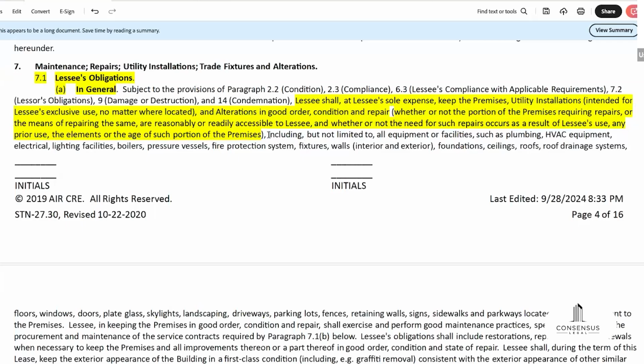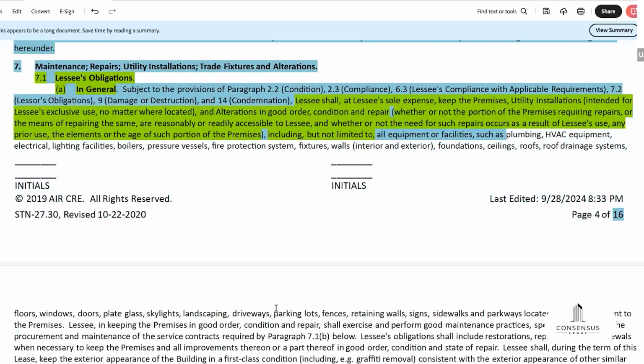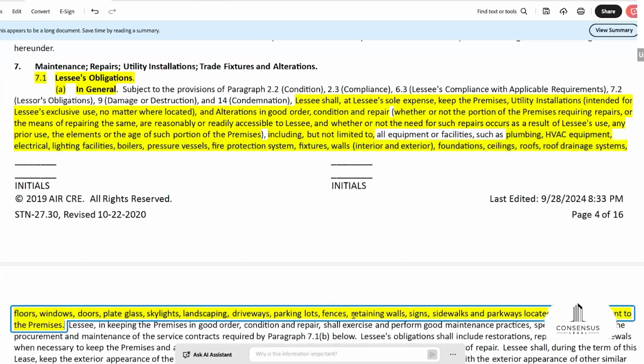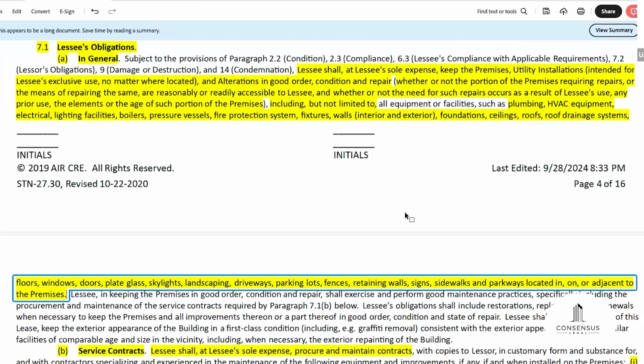And then the AIR lease goes on to give a including but not limited to list of these things that lessee is responsible for: plumbing, HVAC, electrical, lighting facilities, fire protection, fixtures, walls. This is the net lease: foundations, ceilings, roof drainage systems, floors, windows, doors, plate glass, skylights.